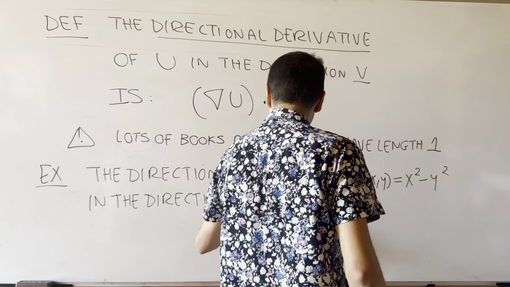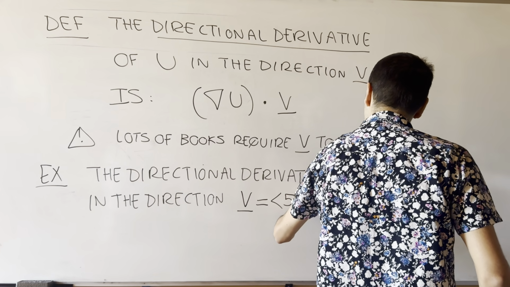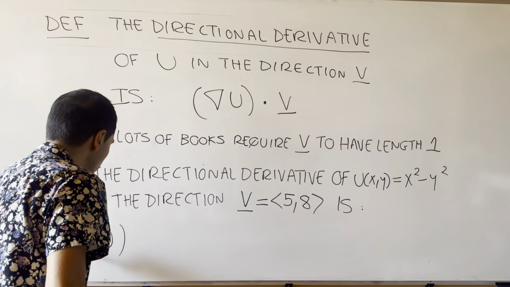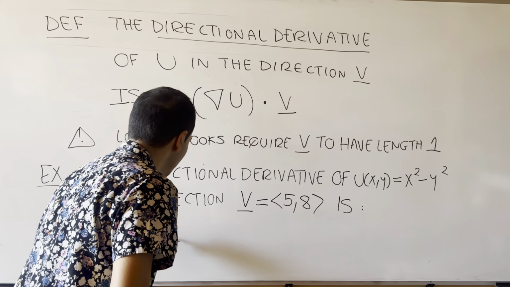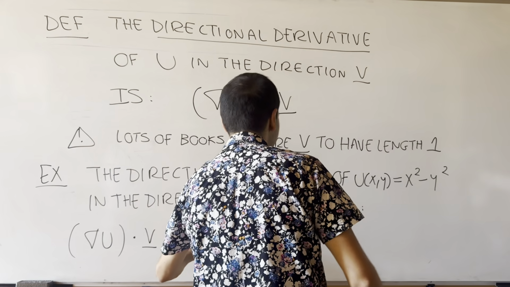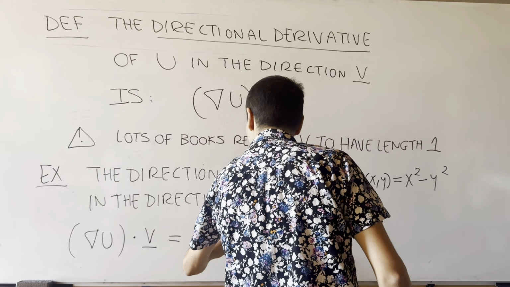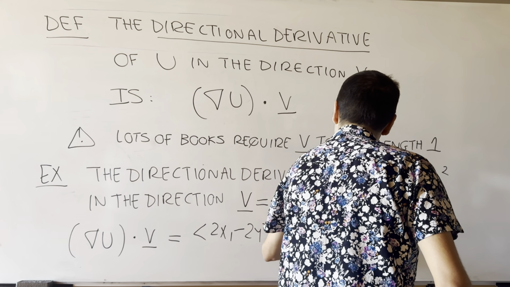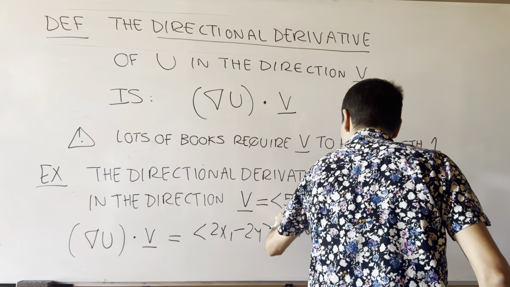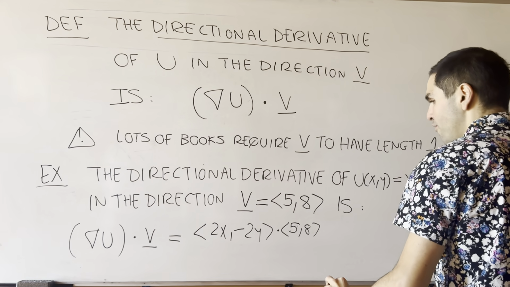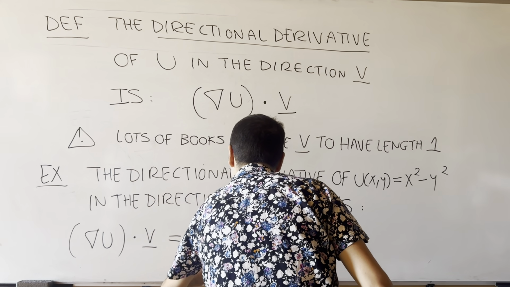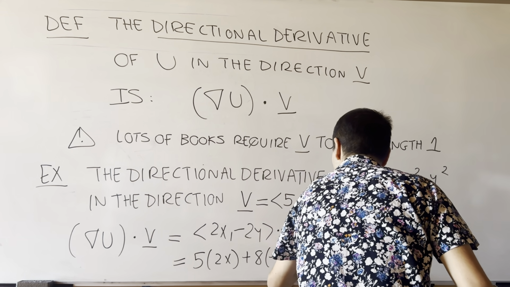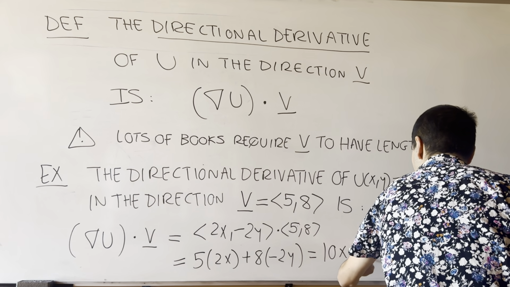It's simply you take the gradient and you dot it with your vector. So we found this before, (2x, minus 2y), you dot it with (5, 8), and that becomes 5 times 2x, and then plus 8 times minus 2y, and that becomes 10x minus 16y.